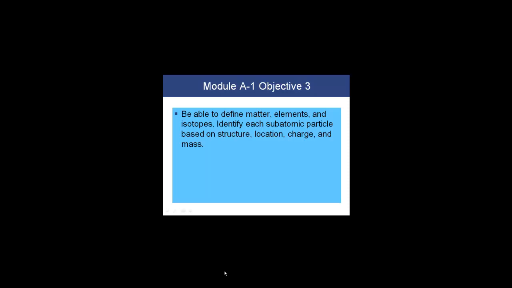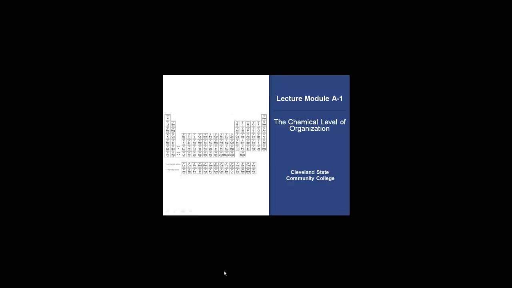When we look at the periodic table of elements, this represents all the matter on Earth. In fact, if you were to look at Earth, you would find about 90 elements represented. If you were to take the time to count the elements on this periodic table, you would note that there are more than 90, mainly because some of these elements, especially the very heavy elements, were man-made in laboratories, so they're not natural on Earth.